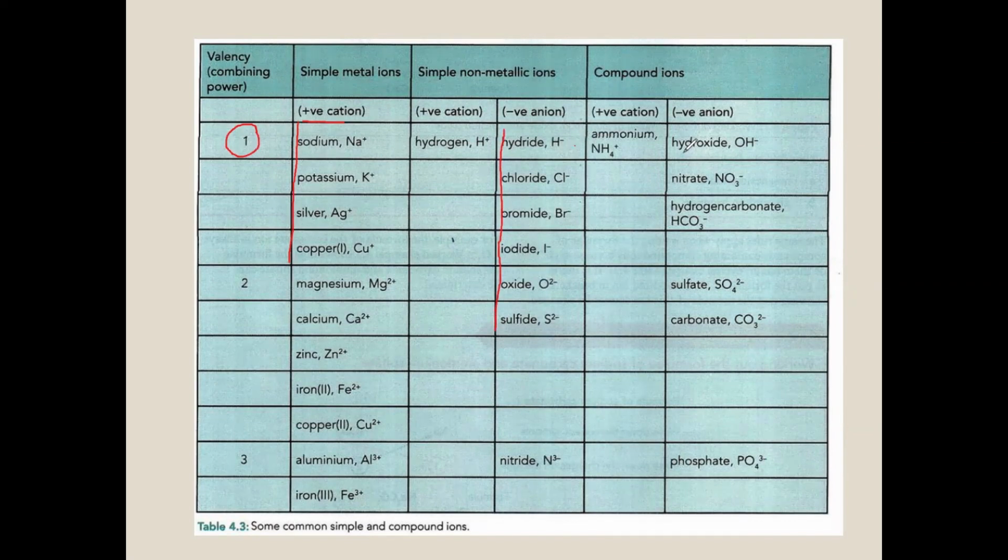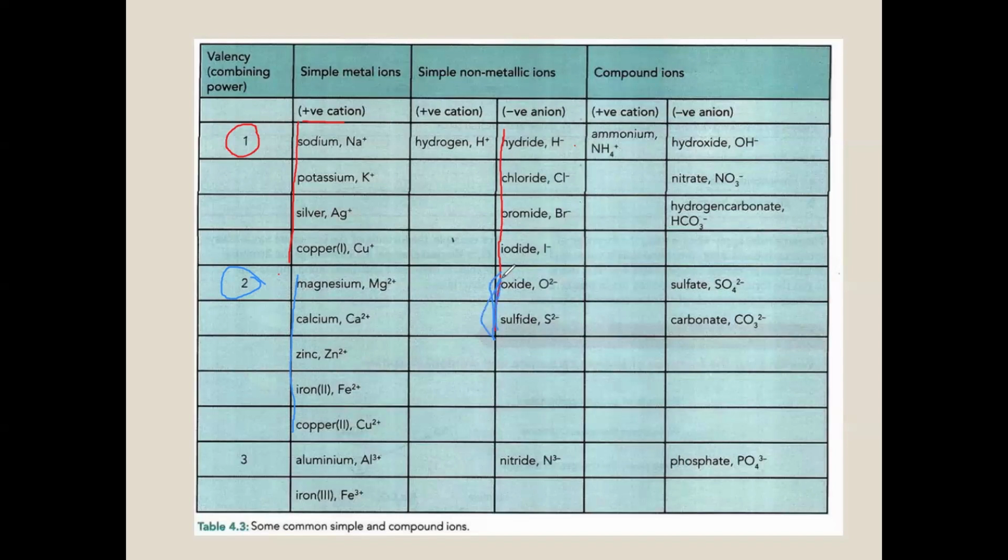Okay. And the compound ions that have valency of 1, whether positive or negative, like ammonium, hydroxide, nitrate, hydrogen carbonate, and so on. This is the divalent, the valency or combining power of 2, metallic ions and the non-metallic ions.